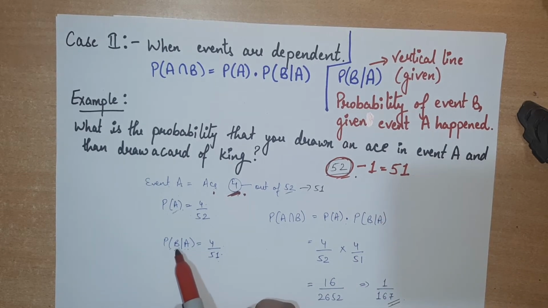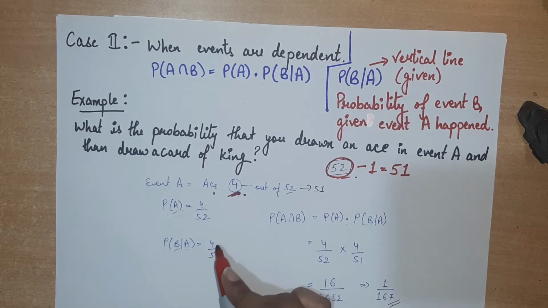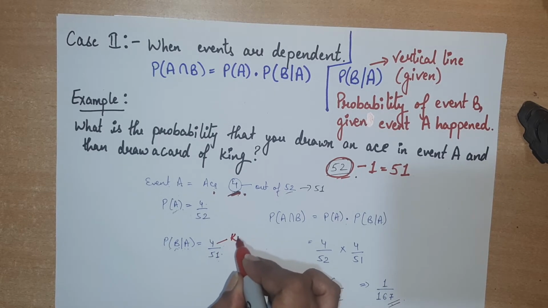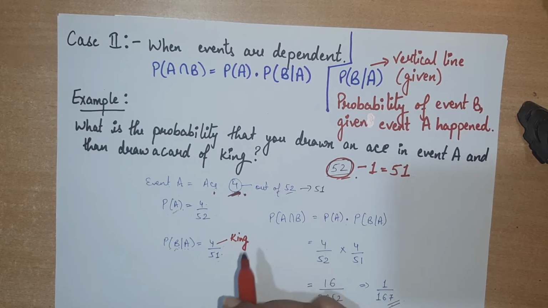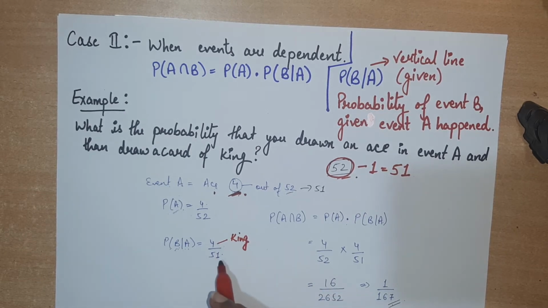The probability of event B given A, that is the card drawn is a king, is 4 by 51, as there are also 4 kings in a deck of cards.